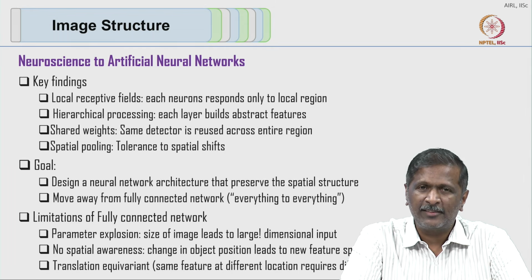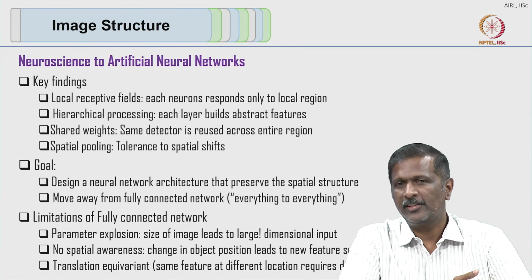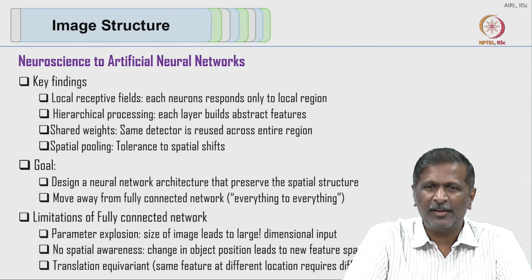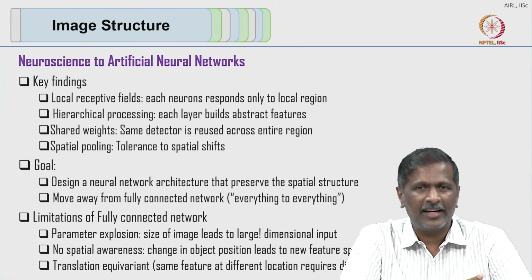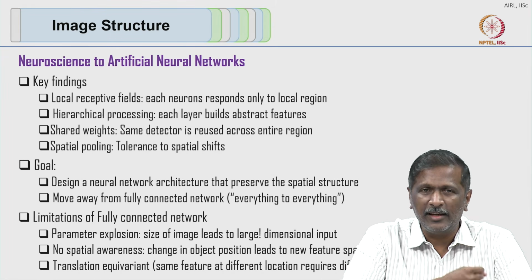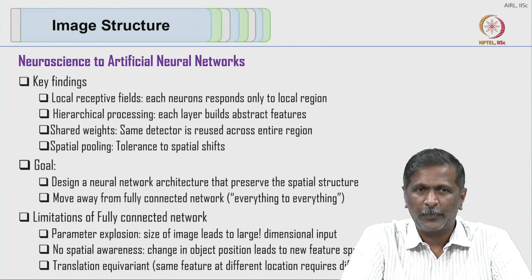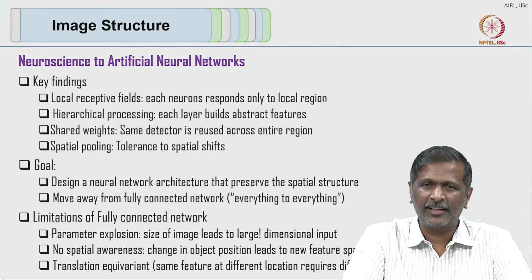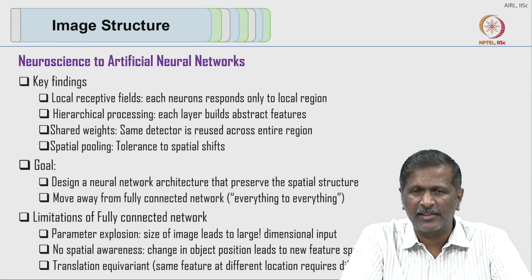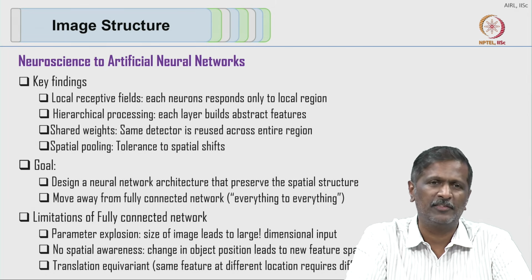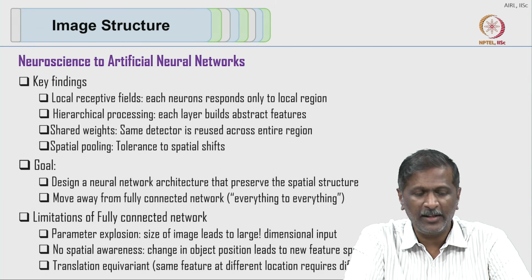Each layer builds abstract features. From edges, I build an eye, a nose, a mouth and an ear, right. I am building abstract features, and then I put them together to create a much more hyper complex abstract representation of that particular information which we are looking for, right.